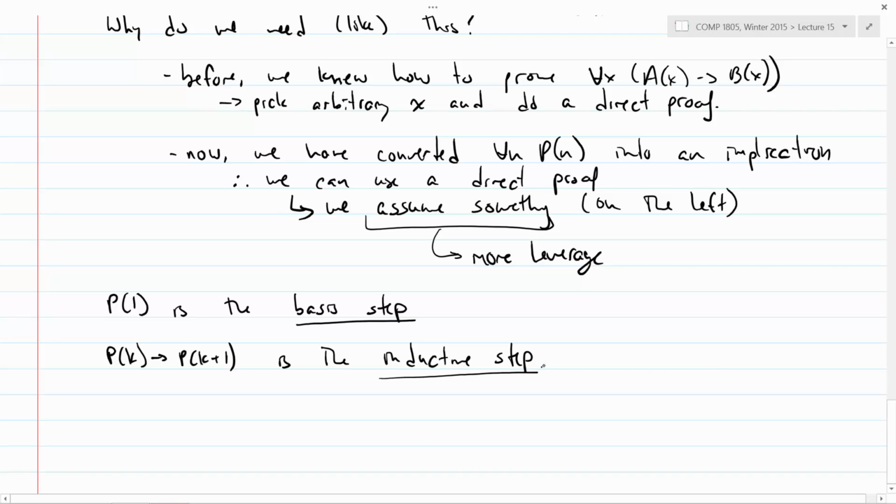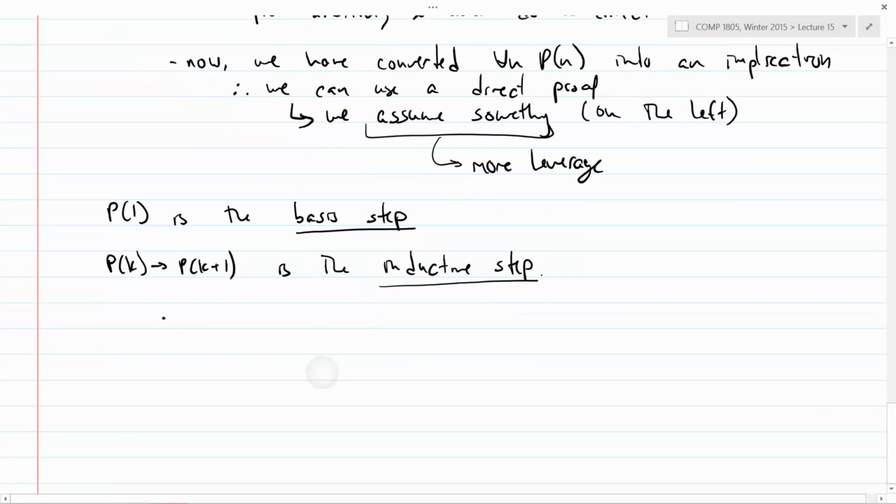So we're trying to prove P1 in our basis step, and we're trying to prove PK implies PK plus 1 in our inductive step for an arbitrary K. So we are doing this for an arbitrary K, just like in universal generalization.